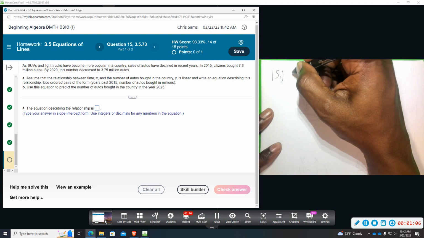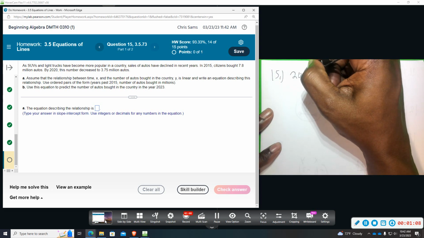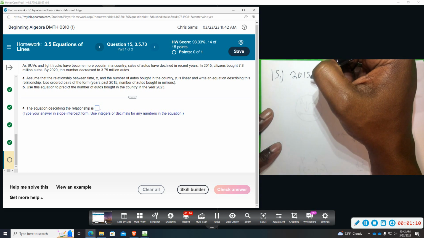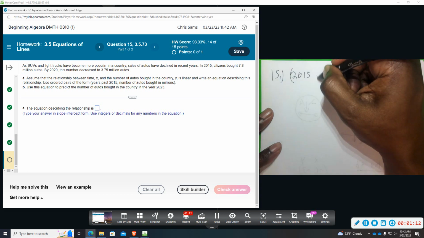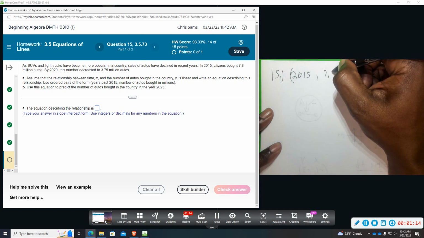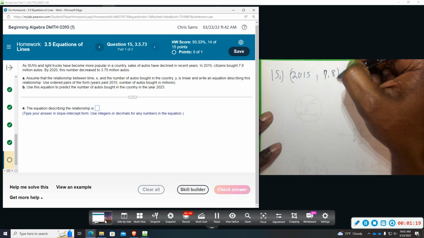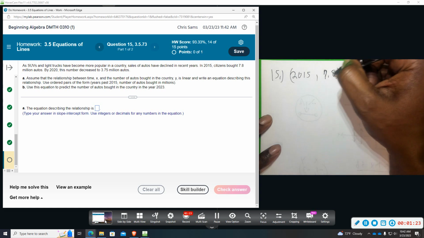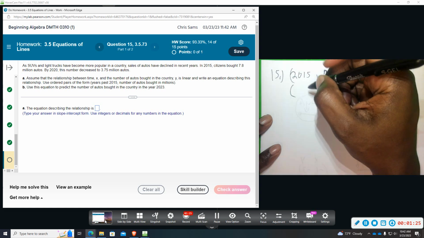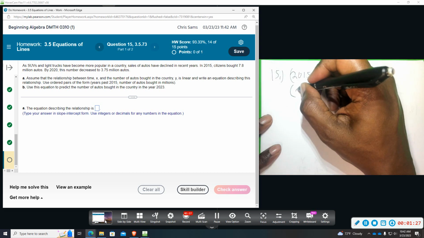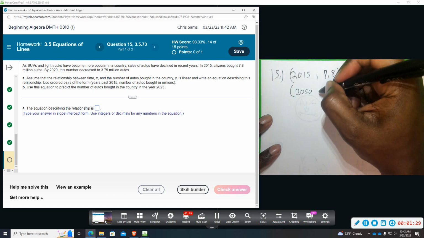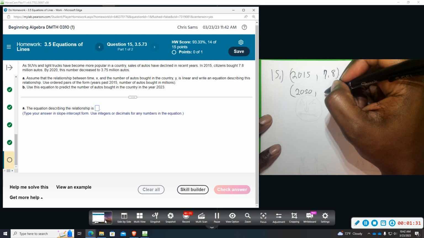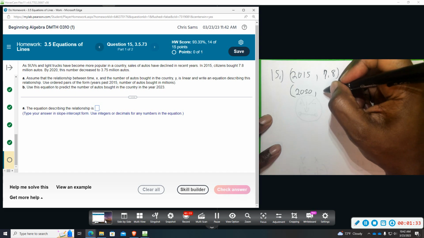So we have 2015, and then they bought 7.8, because they told me x was time and y was the number of autos bought. So then we had another ordered pair, 2020, and then we had 3.75.